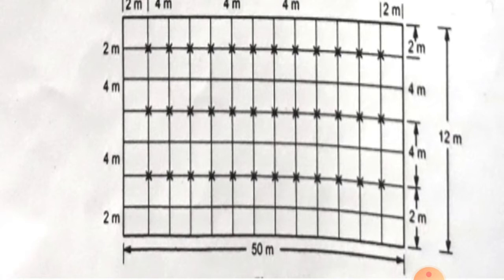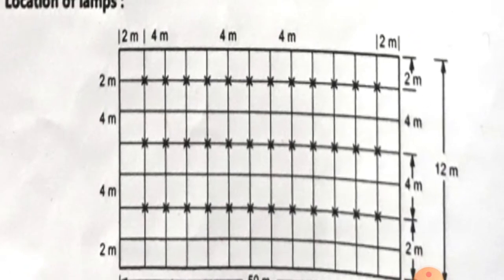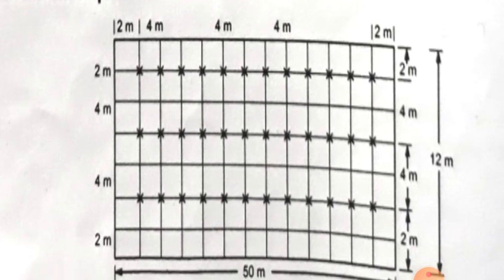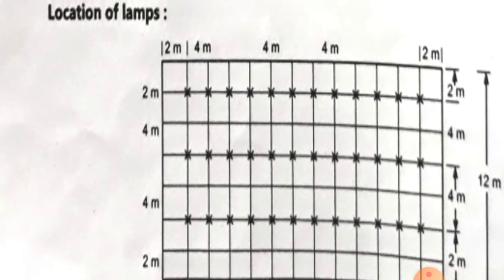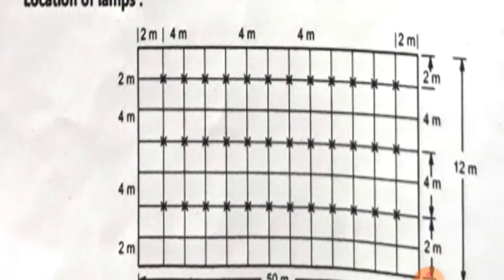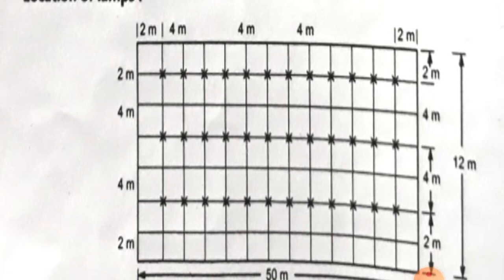On the length side of the factory, the lamps are placed 4 meter apart from each other, that is 4 meter space between two lamps, and on the width side also 4 meter distance is kept. 2 meter distance is kept from the wall side and the starting and ending of the tube.